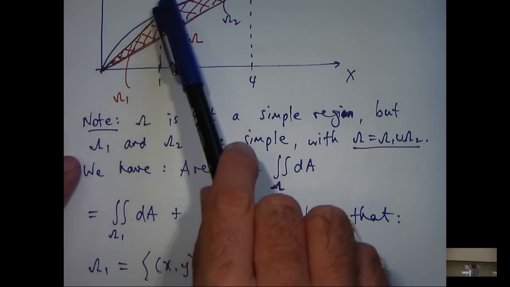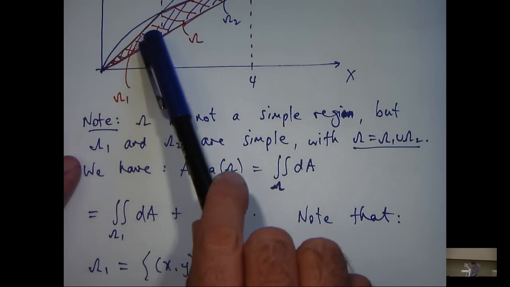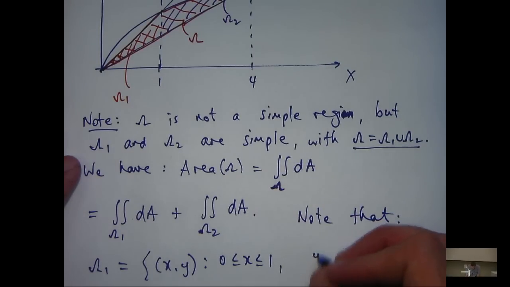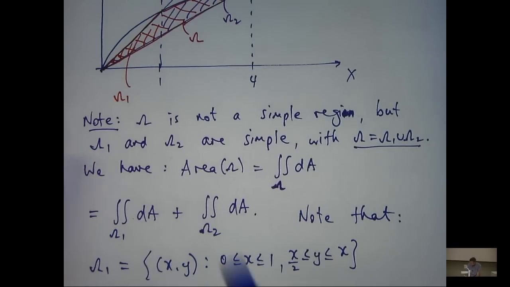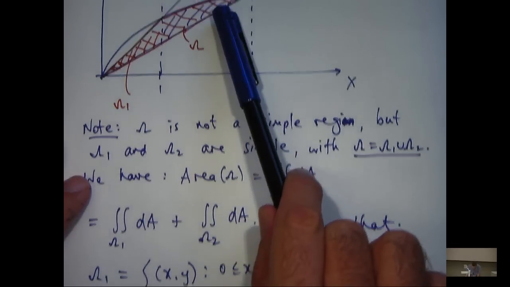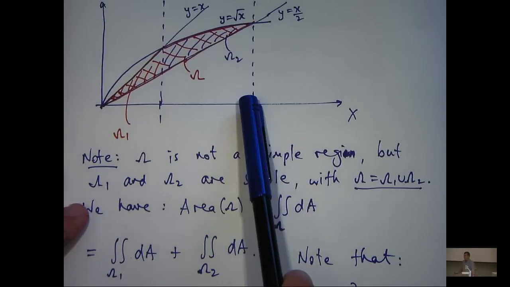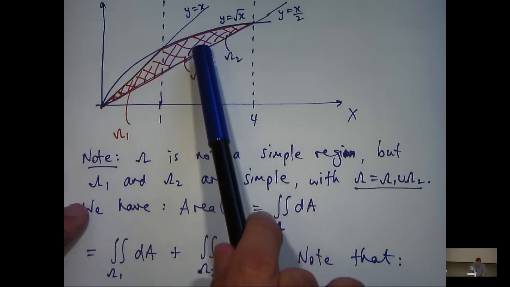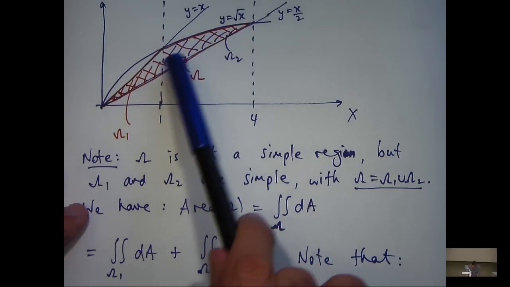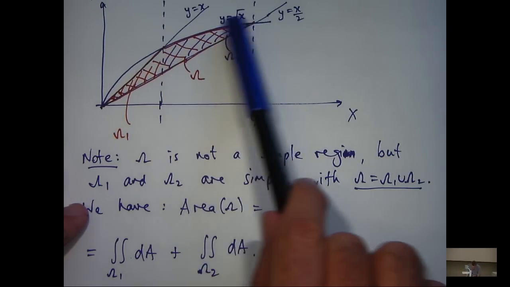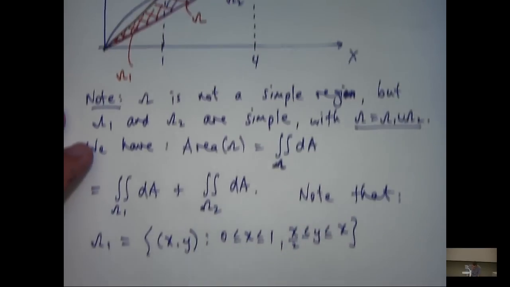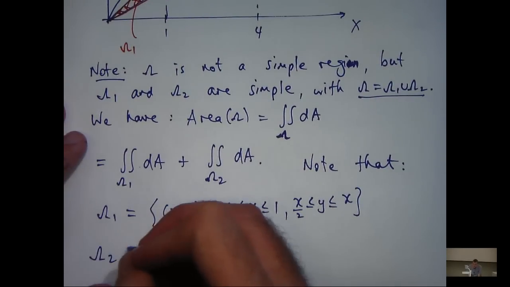So the top function is y equals x, the bottom function is y equals x on 2. Okay, and let's look at omega 2. Well, omega 2, the x points are between 1 and 4, and the y points are between these two functions. So y is between x on 2 and root x. So let's write that down.